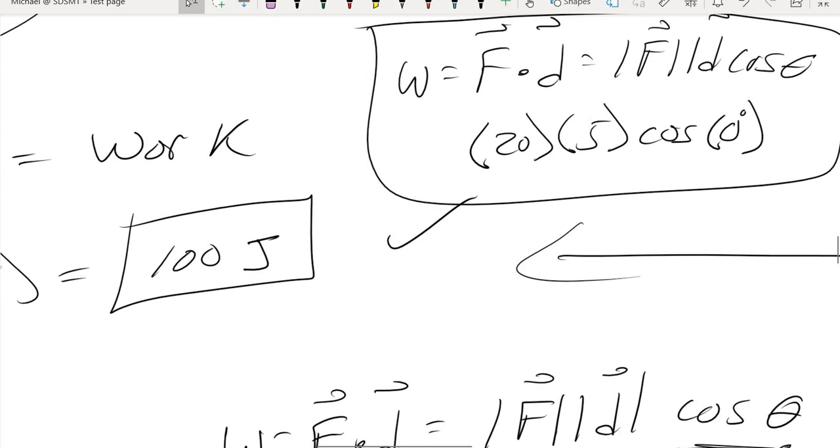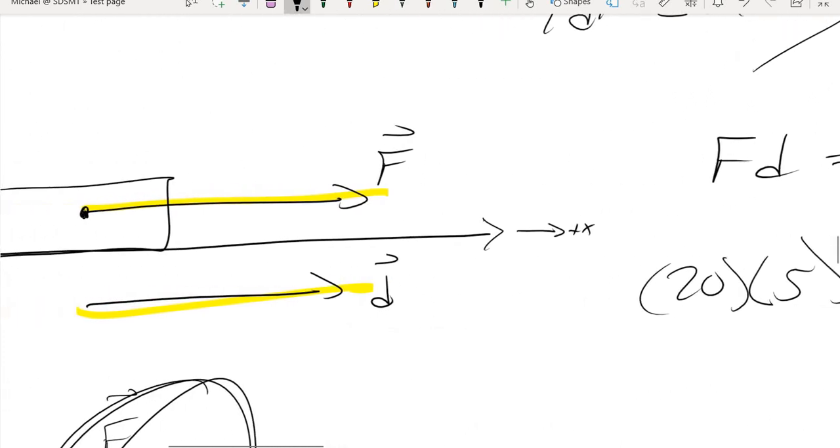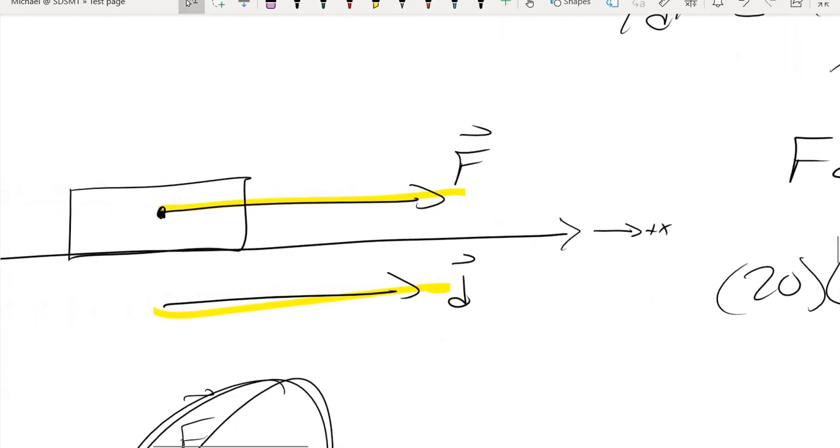And the answer is no. The only thing I need to know is the angle relationship between the directions that these two vectors are pointing. Well, I don't need that x-axis to see that they're parallel to each other. And so I'll still get 100 joules of work being done in this case.